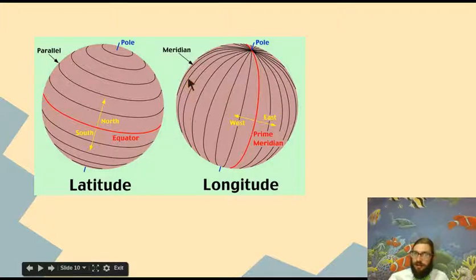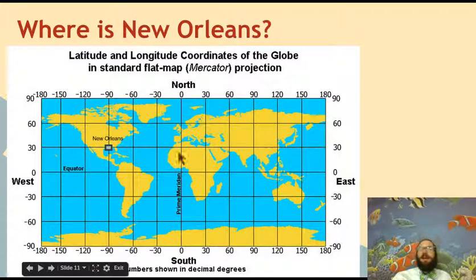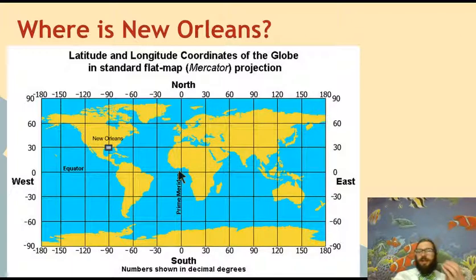So let's look at an example. Here is a map. The city, maybe you've heard of it, New Orleans. The city of New Orleans is labeled on your map. Now, where is New Orleans? You can use latitude and longitude to describe its location. So, latitude goes first. How far north is it? We start at 0.